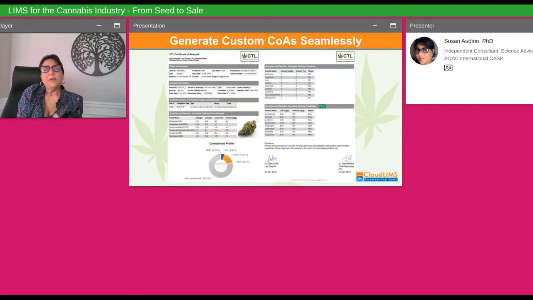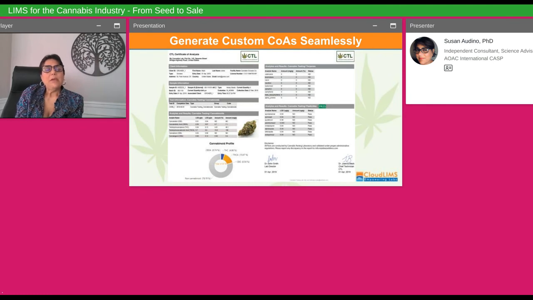Again, this is set up for your specific laboratory. We put in your specifications. We can upload your decision rules. And Cloud LIMS will say, you know what, we may be the driver behind the COA, but this is your COA. The COA speaks to you, speaks to your laboratory.